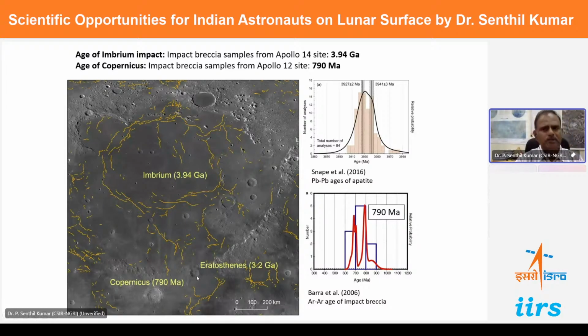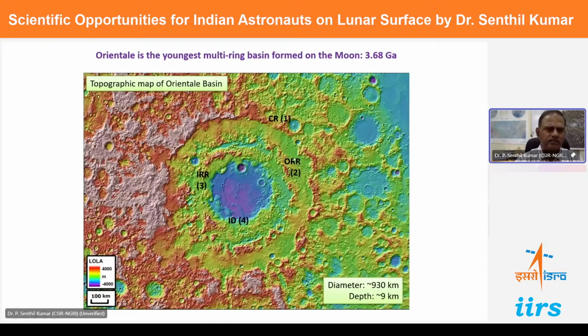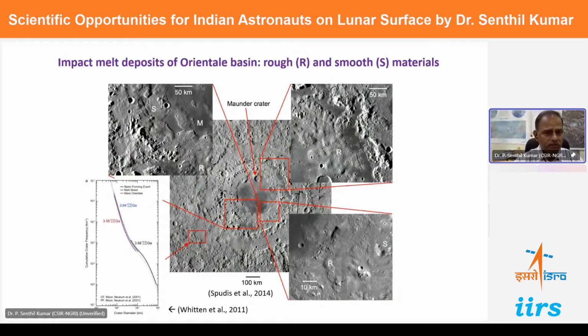So these samples come from different parts of the craters. For example, the Oriental Basin, which is one of the largest basins on the moon, we don't know the absolute age of this impact event. So we can bring some samples from the Oriental Basin interior. That also gives very precisely the impact timing of this particular basin.